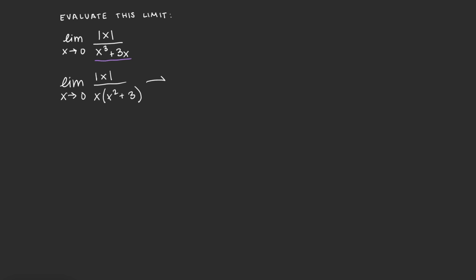And then we're just going to divide it into 2 parts: the limit as x approaches 0 of the absolute value of x over x, times 1 over (x squared plus 3).